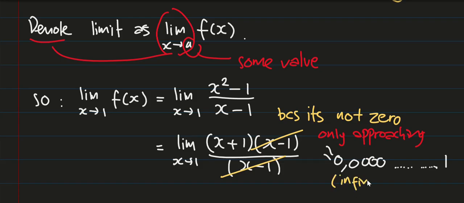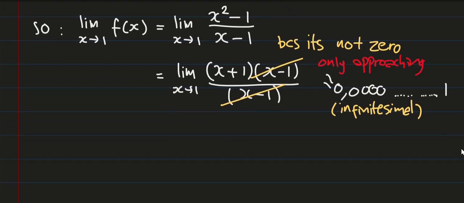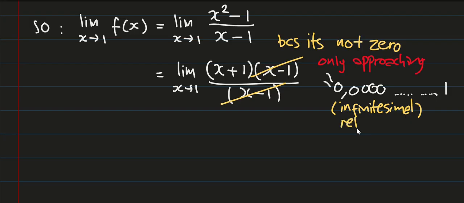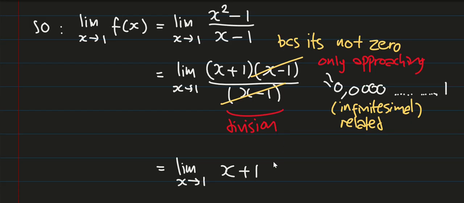We use a very, very small rate of change, which is the infinitesimal, related to rate of change of very, very small quantities, just like before. And this is about division as usual, because it's non-zero, so the limit as x approaches 1 of this function becomes this, and it approaches 2.